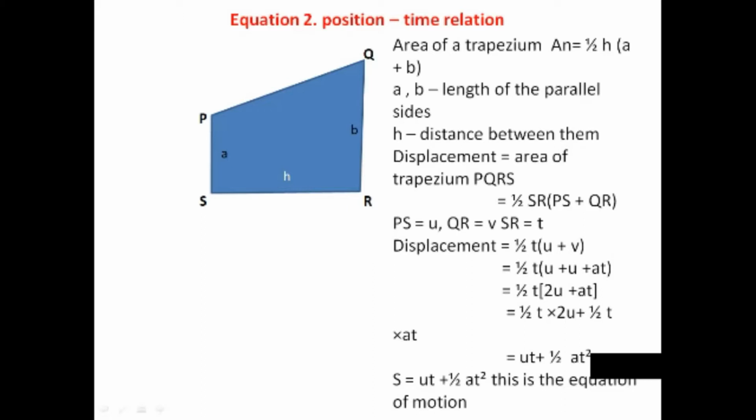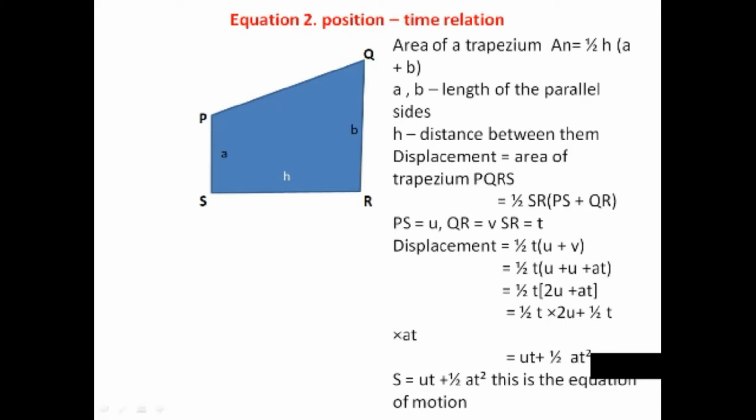In the previous class, we derived that PS is equal to U, QR is equal to V, and SR is equal to T. That is, PS is the initial velocity, QR is the final velocity, and SR is the time taken for travelling. A body is moving from the point S to R, taking the time interval T, and that time interval is T2 minus T1.